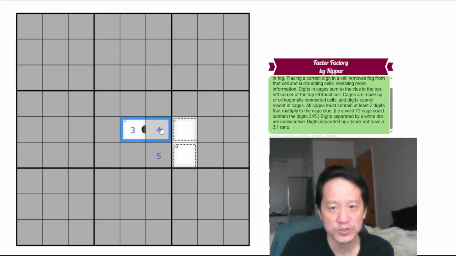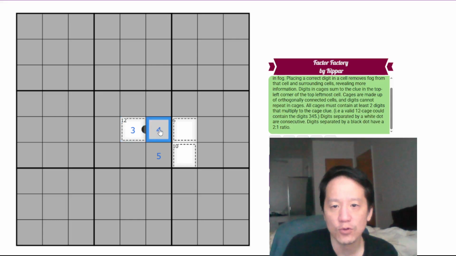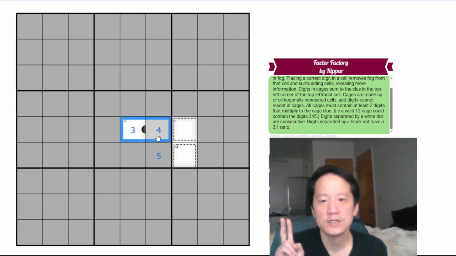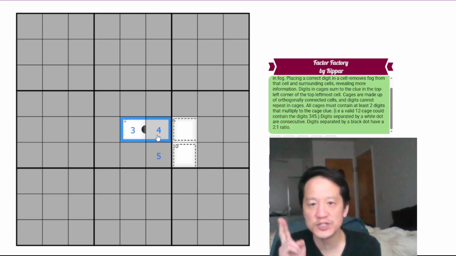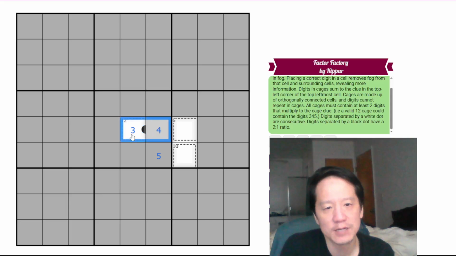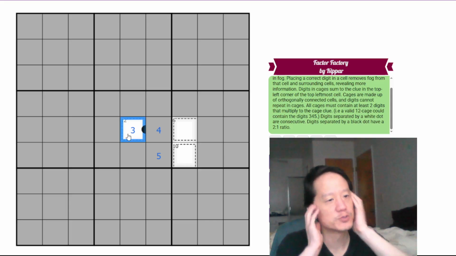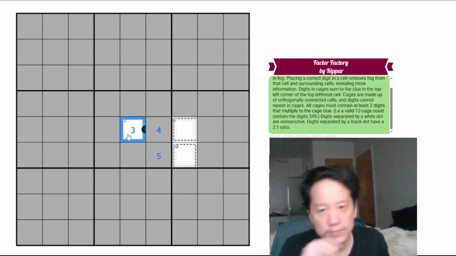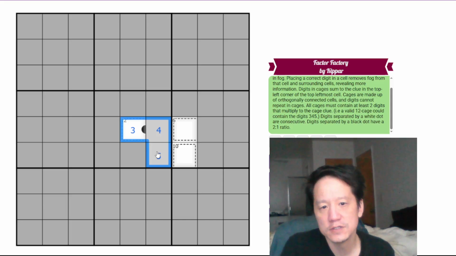This is valid because 2 of the digits multiply to that cage clue. So this has to be 3 times 4 to multiply to 12, right? 2 of the digits must multiply to 12 if that's the case. So that's how that works.